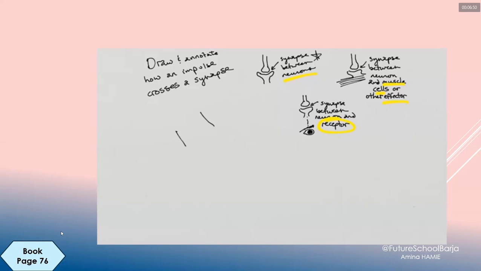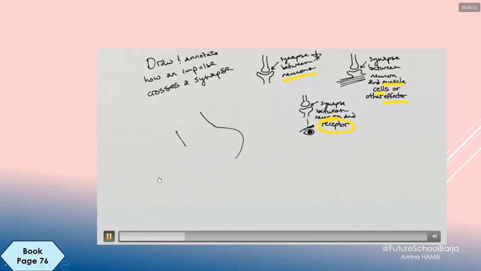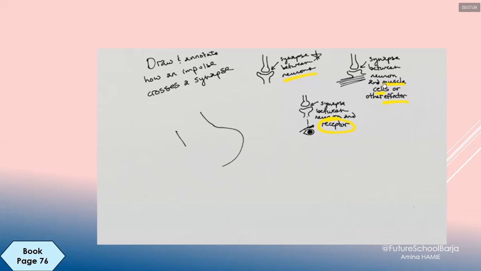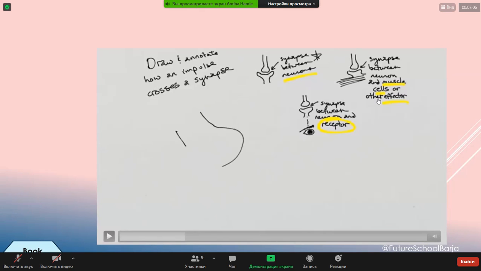And we're back. So let's start by drawing. So first I was telling you the 3 types of synapse: between a neuron and a receptor, or a neuron and a muscle cell or other effector.